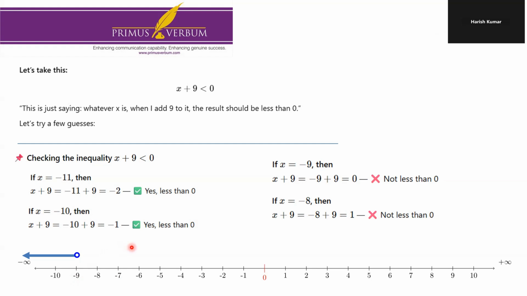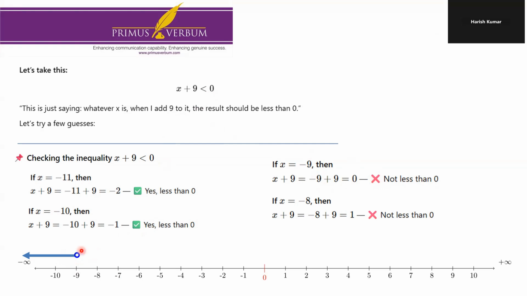No, it's definitely smaller than minus 9. It is definitely less than minus 9, and it is not minus 9 because minus 9 plus 9 gives us 0 and 0 is not less than 0. So it is everything smaller than minus 9.